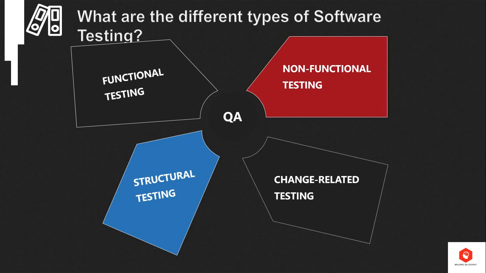So, what are the different types of software testing? In general, there are 4 testing types: functional, non-functional, structural, and change-related testing. You may find some differences in the above classification in different books and reference materials, but this is the classification by ISTQB.